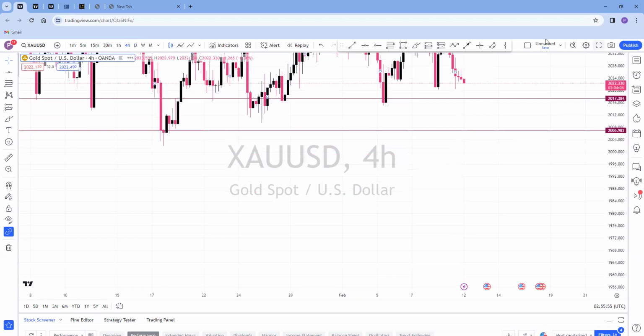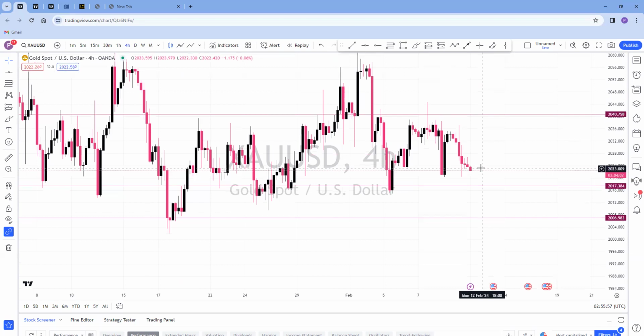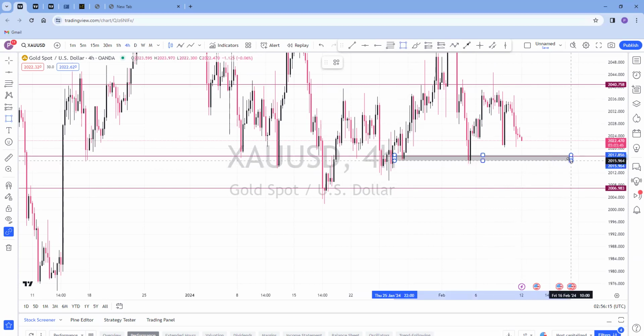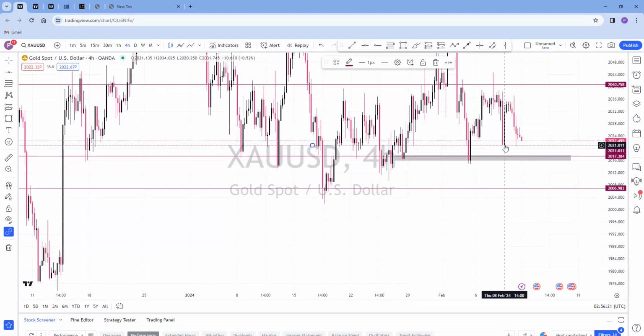Now, H4. What is happening in H4? If you look at H4, you can see that the market is trying to push back down. And as it is pushing down, you should expect this level. First of all, it has to respect this.